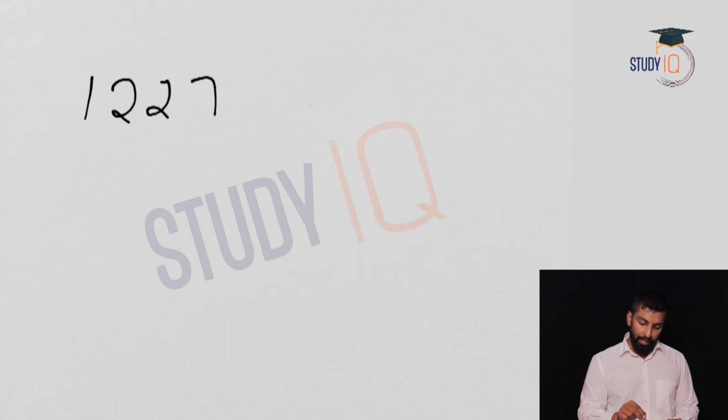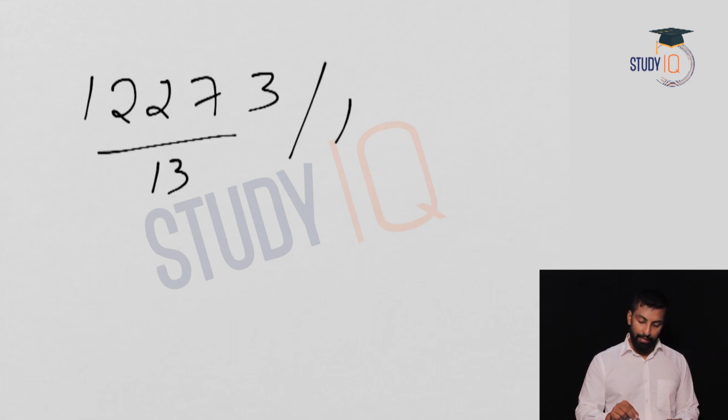Now, what if you are not able to make it into perfect triplets? Let's take an example, 12,273. All these are randomly taken; like this, you can also make questions. You know the concept, so you can make questions now. So 12,273 divided by 13, what is the remainder?